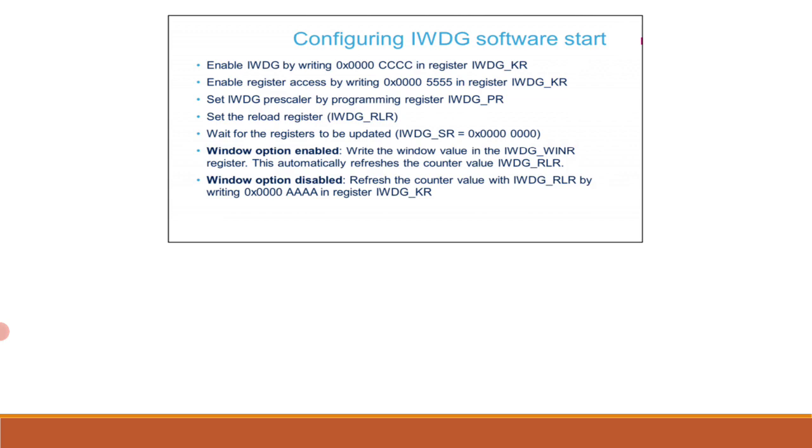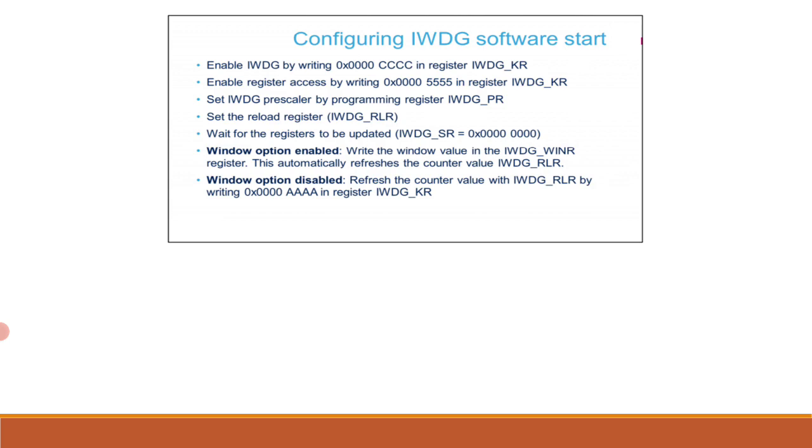Set the independent watchdog prescaler in the IWDG_PR register by selecting the prescaler divider feeding the counter clock. Write the reload register IWDG_RLR to define the value to be loaded in the watchdog counter. After accessing the previous registers, it is necessary to wait for the IWDG_SR bits to be reset in order to confirm that the registers have been updated.